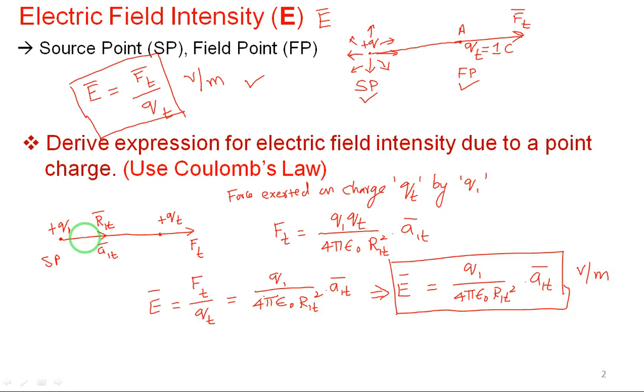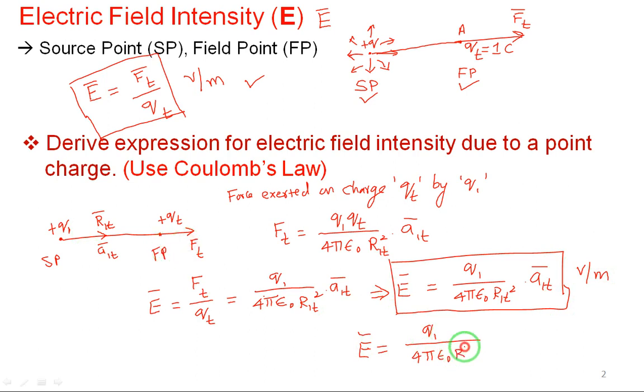Yes, the distance between the two charges, if I take it as r instead of writing 1 to t, I will rewrite the above equation here. You can observe here q1, this is the source point, q1 by 4 pi epsilon naught, and instead of writing r1t, the distance between the two charges, meaning source point to field point, this is the field point FP I am writing here.